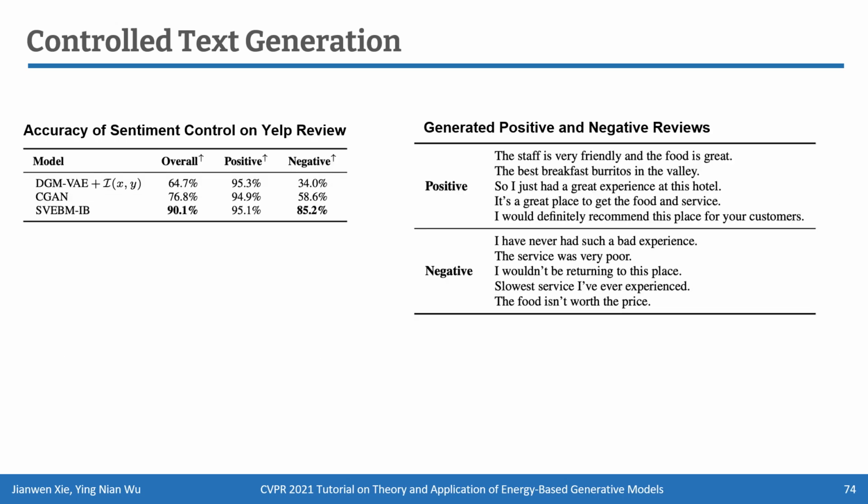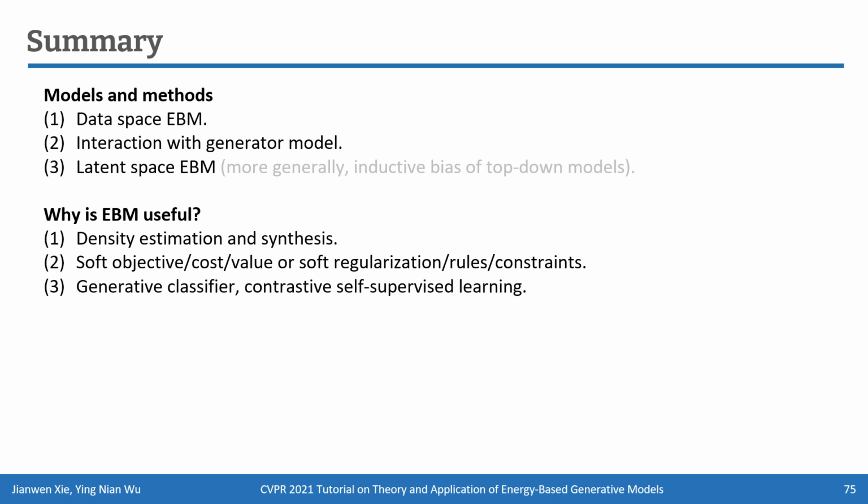And we can also generate the text in a very controlled way according to the sentiment. We can control the sentiment, and we can generate, say, positive or negative reviews using our model, because we have a latent thought vector, which is generated by an energy-based model, and this thought vector controls the generation of the whole sentence.